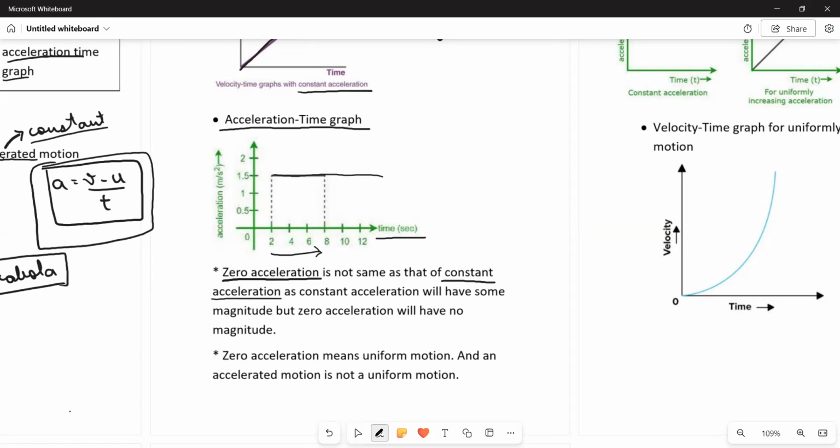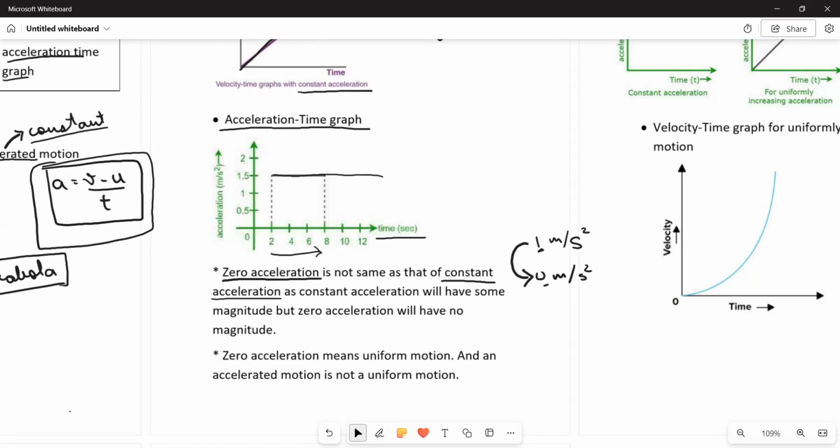If there is an acceleration of, say, 1 meter per second square throughout the motion, and there is also an acceleration of 0 meters per second square throughout the motion, and this value of 0 is not changing, and this value of 1 is not changing throughout the motion, then we should say that both 0 meters per second square and 1 meter per second square show a constant acceleration.